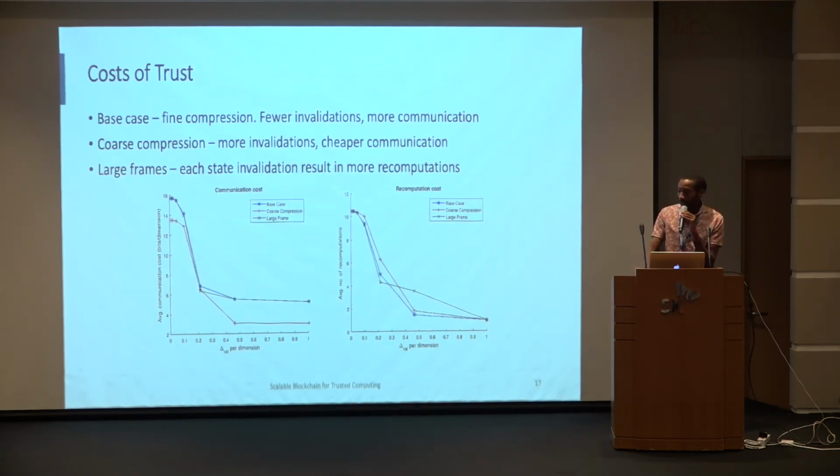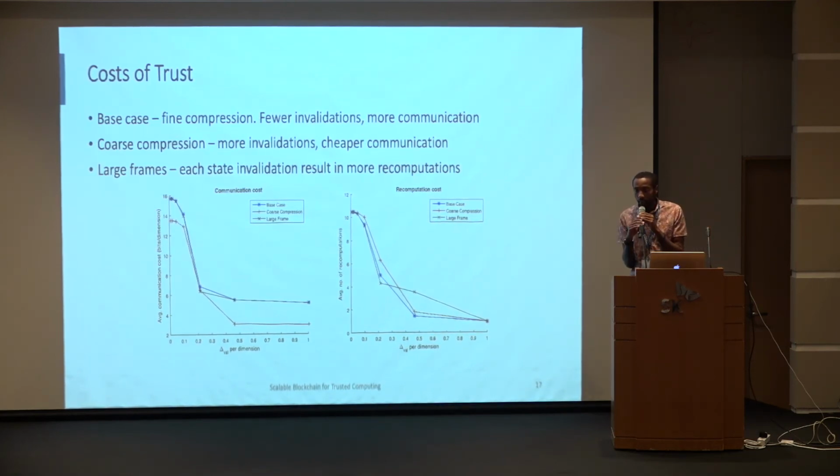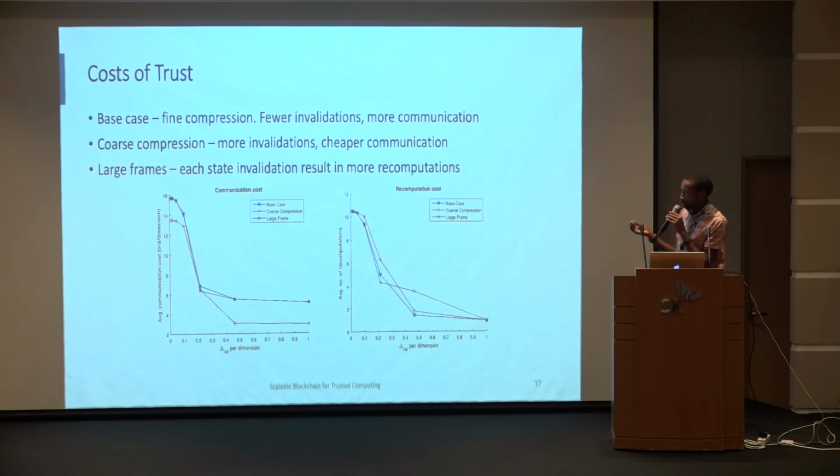We also have a larger frame case, which uses fine compression, or small compression errors, but larger frames. We can see on the communication chart that communication increases with decreasing validation tolerance values, as clients have to send more accurate representations of those states that have been invalidated.